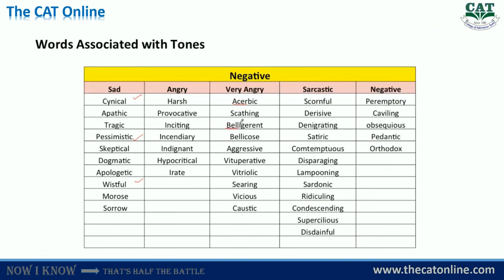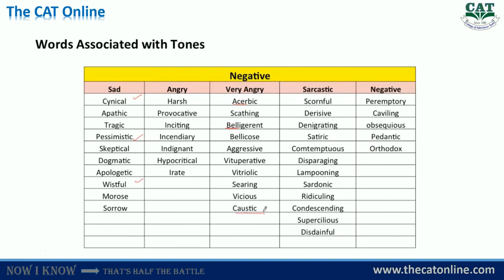So a belligerent tone is where you see two people in a verbal fight, or maybe a physical fight as well. We might have smelled caustic soda, right? So that literally hits you down your throat. So a caustic tone would be one that literally hits you or pinches you. That would be a caustic tone, right?